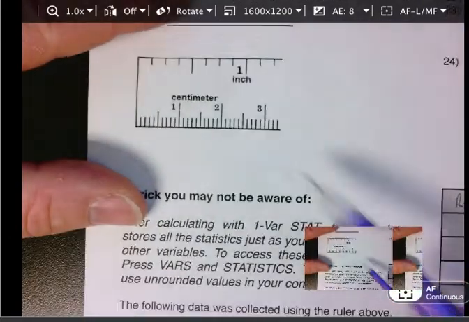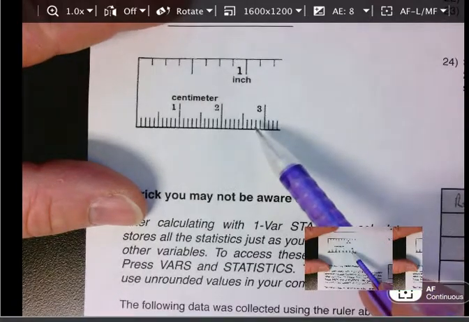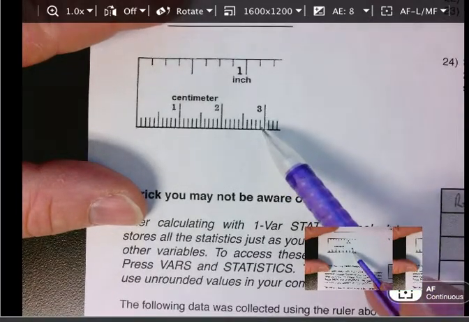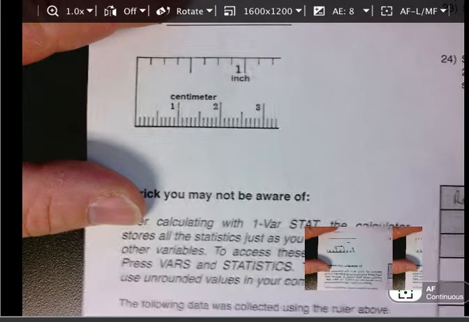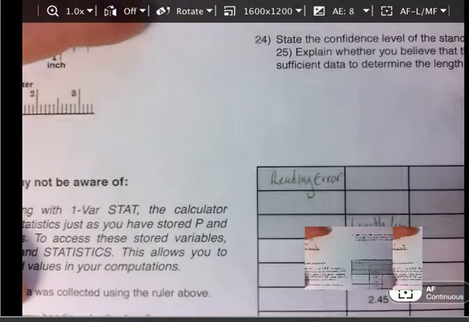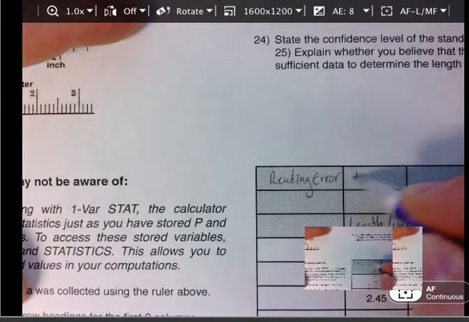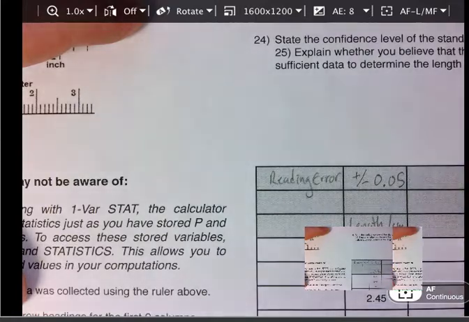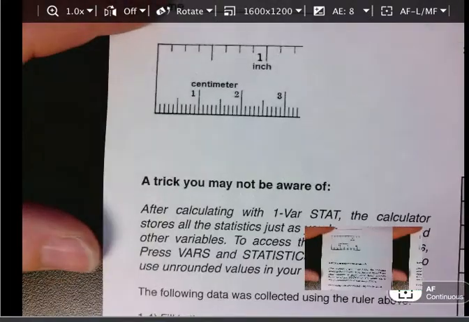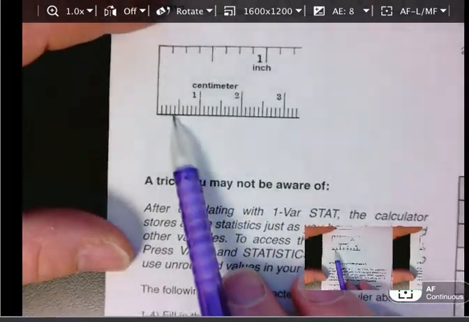If it's lined up on the ruler at both ends, the reading error, this goes by the tenths, so it would be to the hundredths place. So the reading error would be plus or minus 0.05.